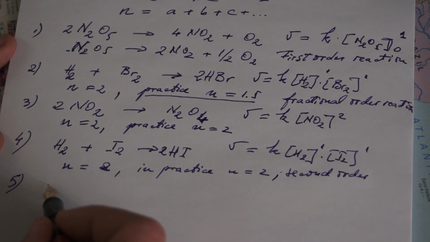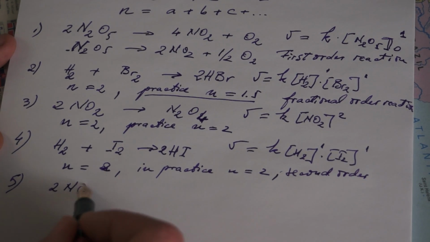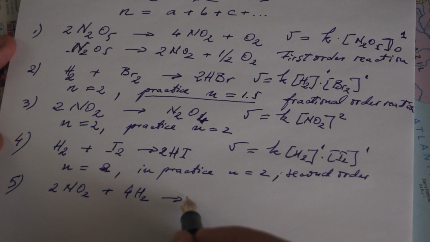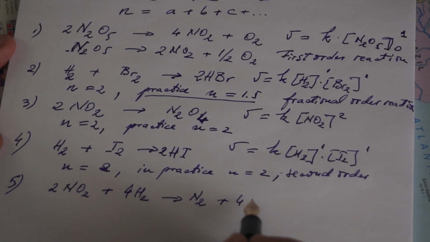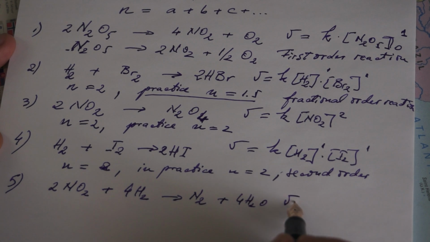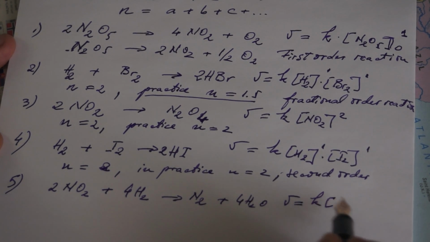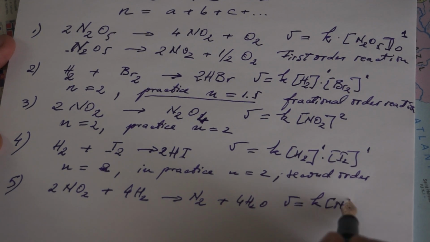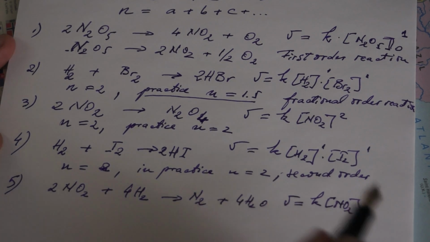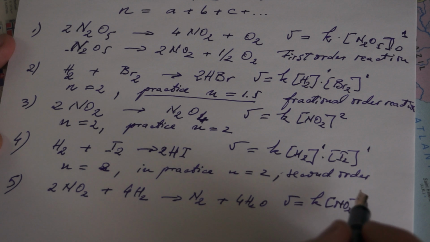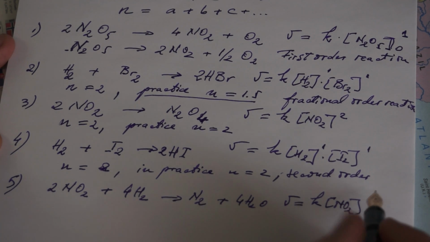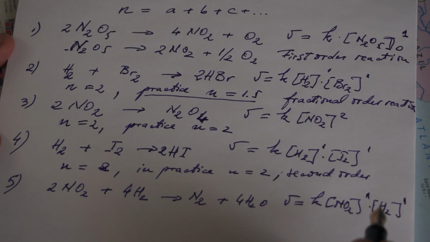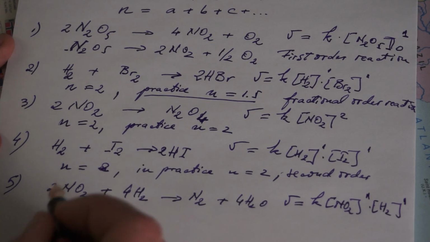And let's take another reaction, between two NO2 molecules and 4 hydrogen molecules, which results in nitrogen plus 4 water molecules, and the speed of reaction can be written as the concentration of NO2, notice, to the power of 1, times hydrogen to the power of 1. Again, this is not what it should be.